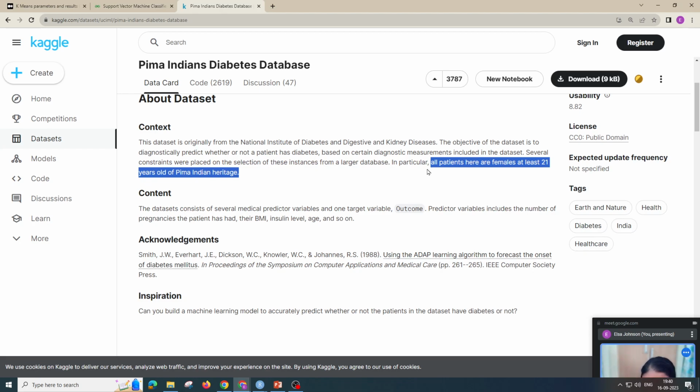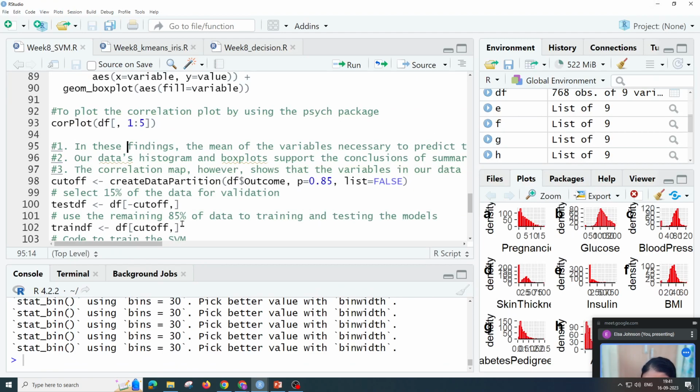So there is a relationship: if you have developed diabetes during the gestation period, then there is a higher chance of developing type 2 diabetes in your later stage. That is why it has been included as a data set feature. So these are the insights from the data set we are having.